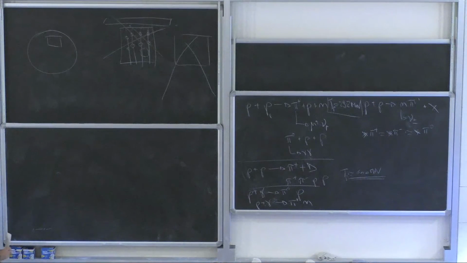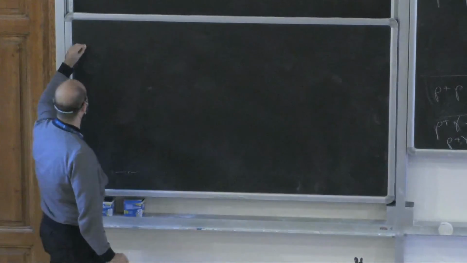My goal is to give you a link between the source term for the photons coming from pi zero, and the source term of the pi zero, which in turn is linked to the source term of the protons.